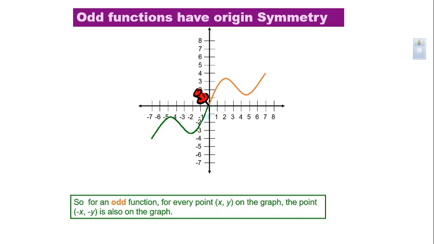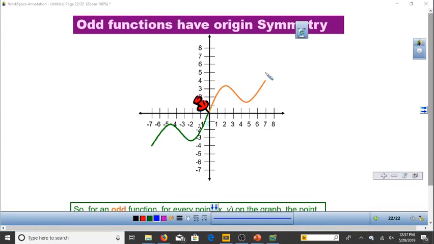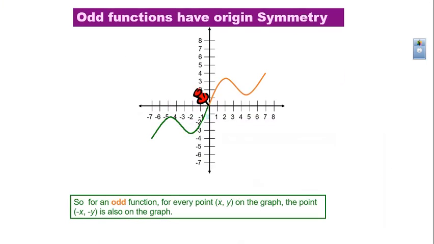So each point (x, y) has a corresponding point (negative x, negative y) on the same graph. So that's a graph with origin symmetry. And so a function that has origin symmetry, if you replace all your x's with a negative x, then your y values will change as well.